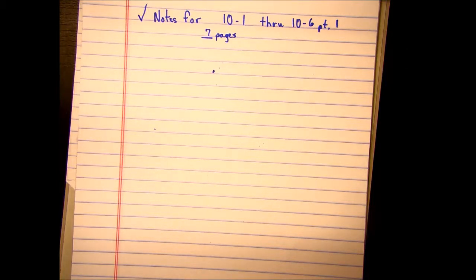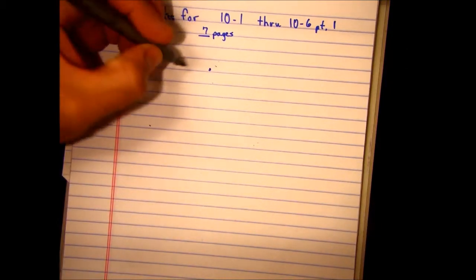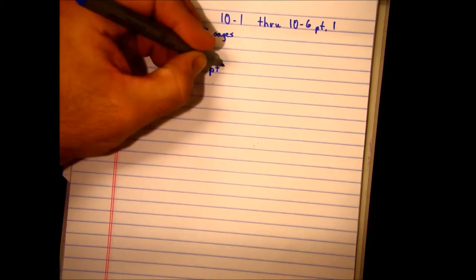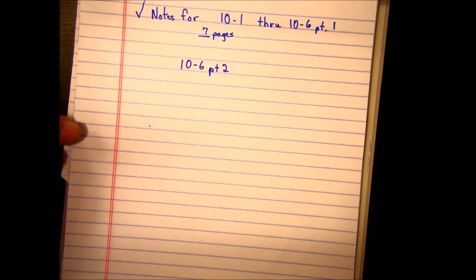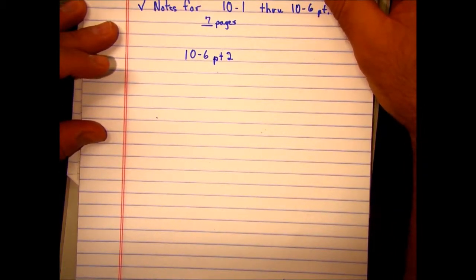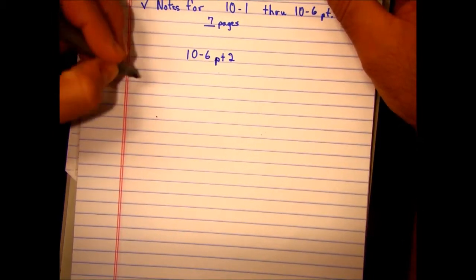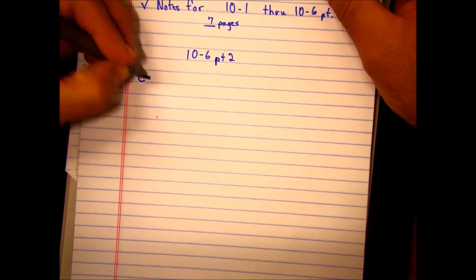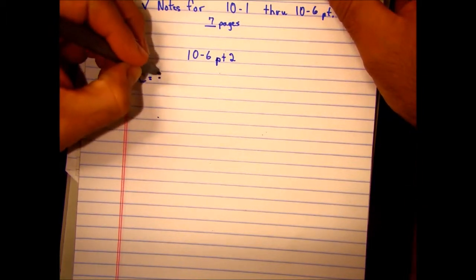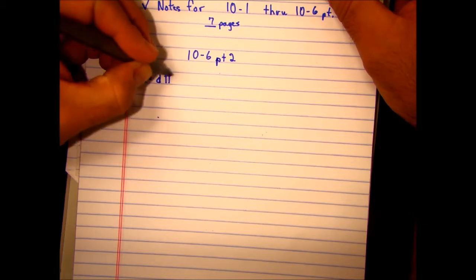All right, so when we talk about 10.6, Part 2, we're still dealing with circles, okay? Except this time, we're dealing with the circumference of a circle, okay? And circumference of a circle is diameter times pi.